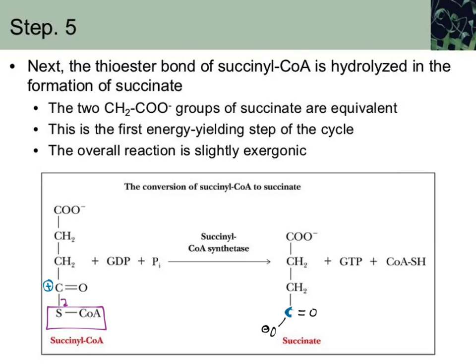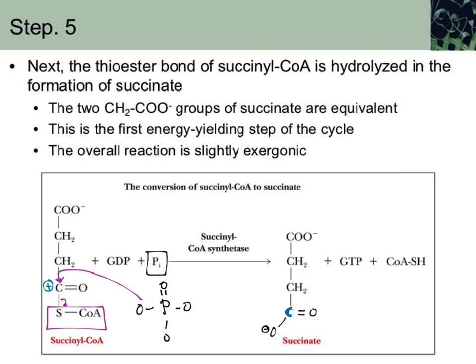Interestingly enough, there's no water. What's coming in? Could be an oxygen phosphate. Our inorganic phosphate can dump electrons in, kicking out our group.